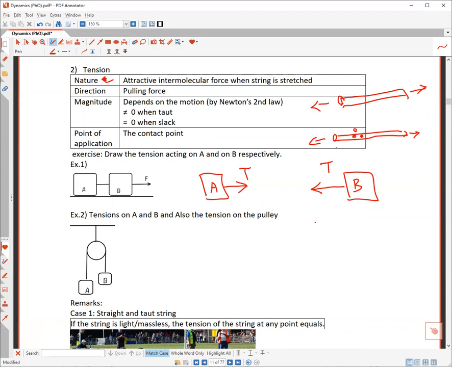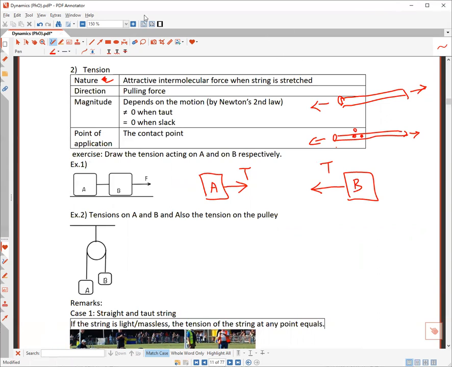So can you draw the tension for exercise 2? The tension acting on object A and object B. Done.